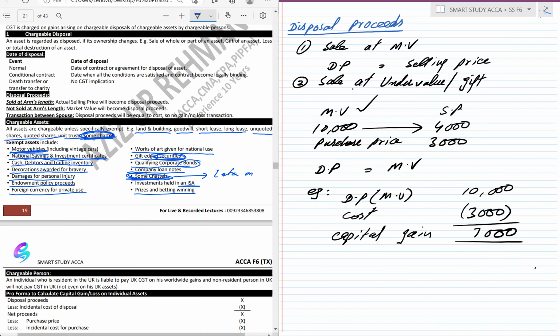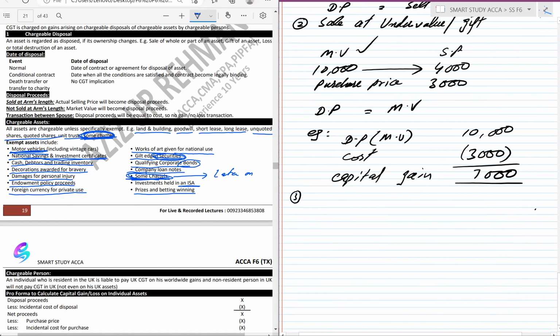Third one, students: in case of theft, or destroyed, or damaged.